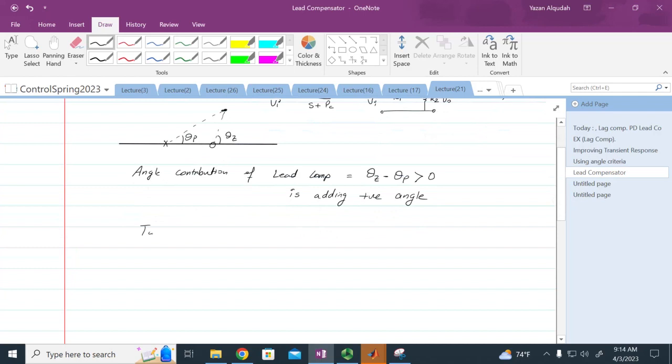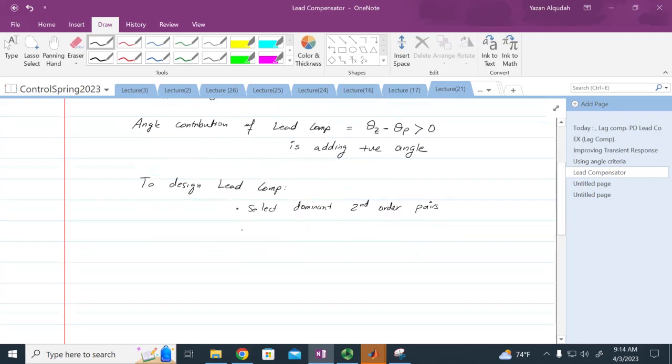So therefore, to design the lead compensator, we're going to select dominant second order pairs, and we're going to find the required angle to meet the angle criteria.